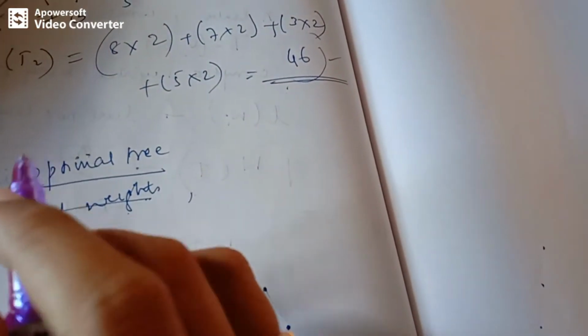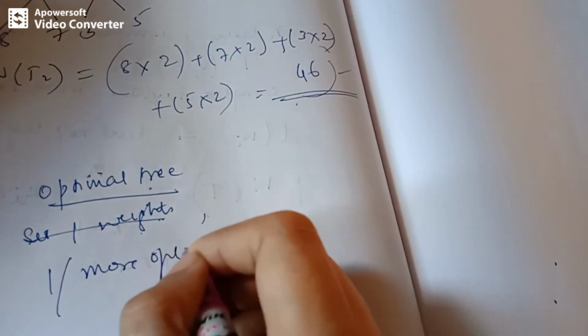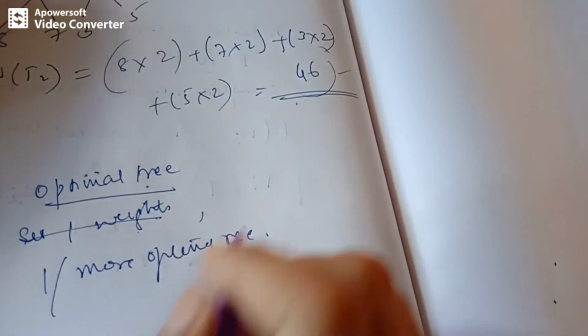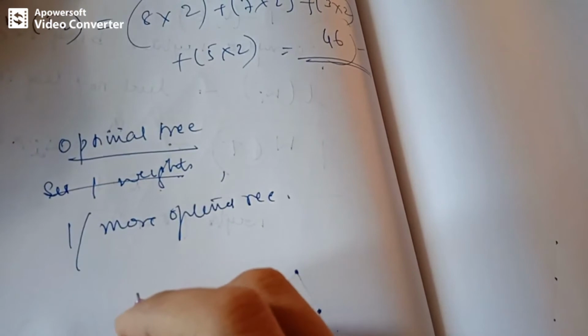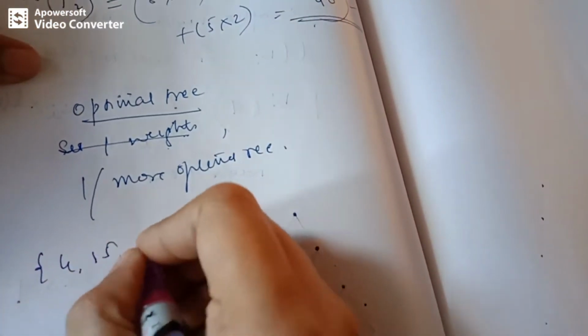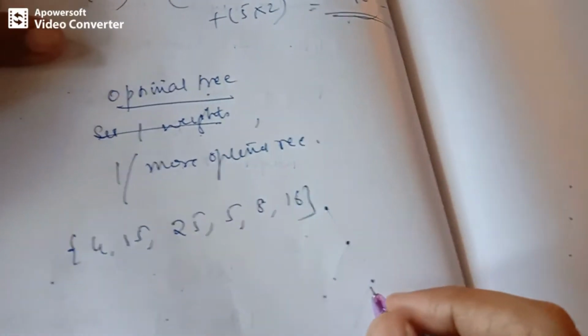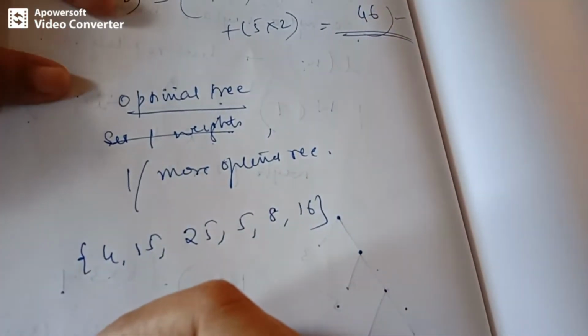And for the given set of weights, we can have more than one optimal tree. Okay, so let's see the construction of optimal tree. Let's say these are the weights 4, 15, 25, 5, 8 and 16.